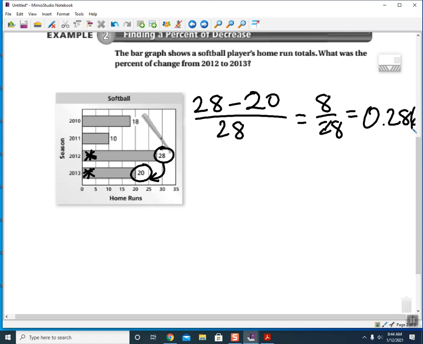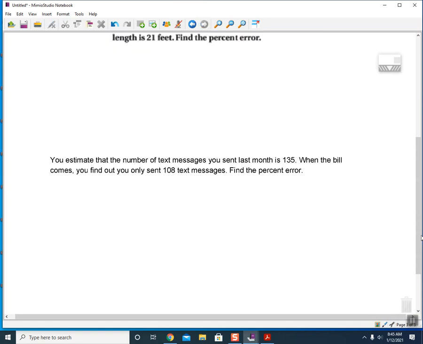But I'm not done, right? This is a decimal, I need it as a percent, so this is going to be a 28.6% decrease. We're going from 28 down to 20, it's decreasing, so that's going to be a 28.6% decrease. Let's look at the next example.